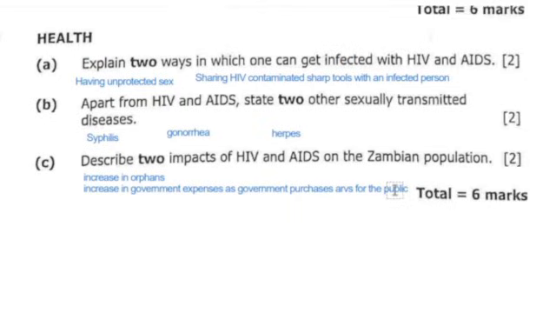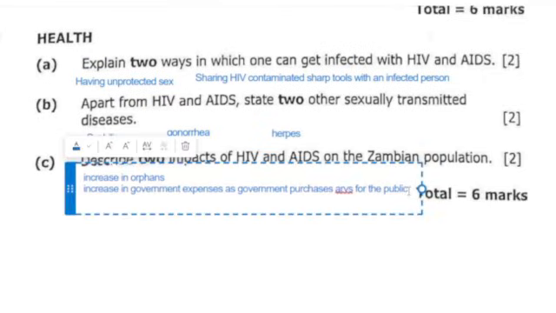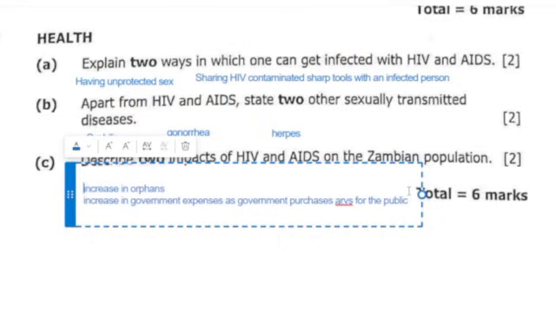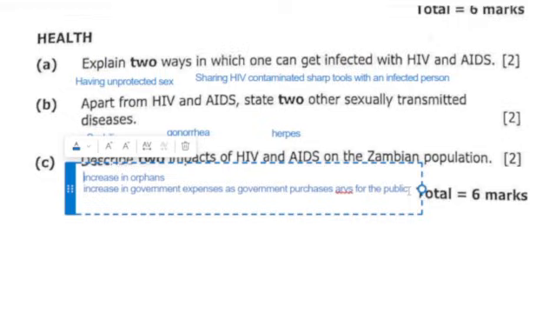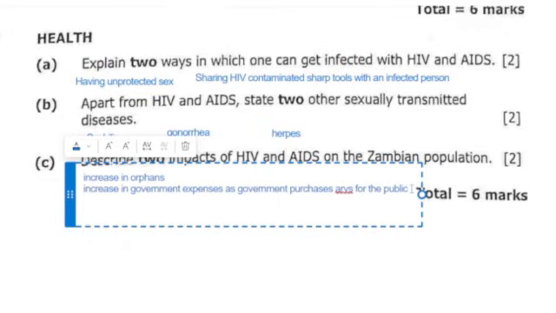Then the other one, since they're asking for two, there is not only increase in orphans, there is also increase in child-headed homes.